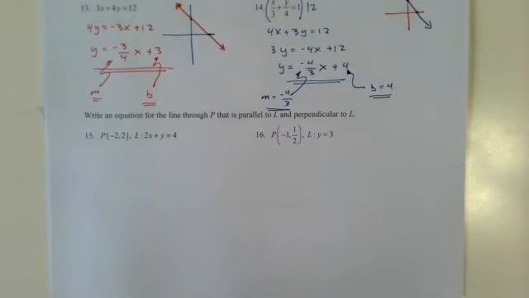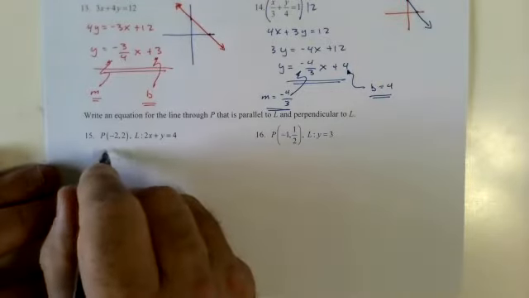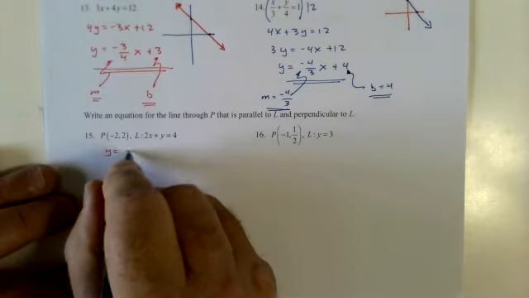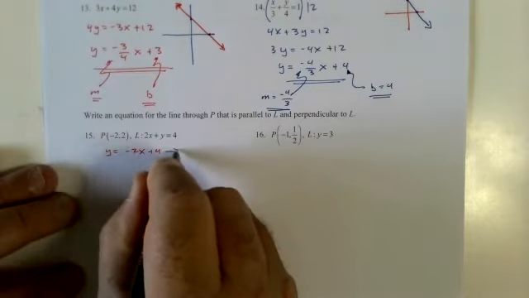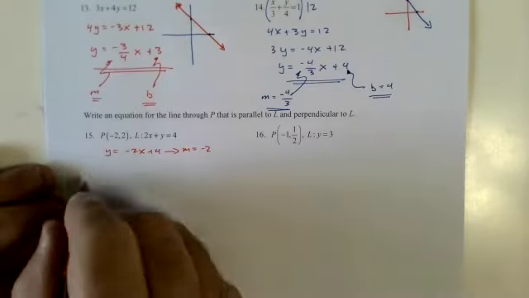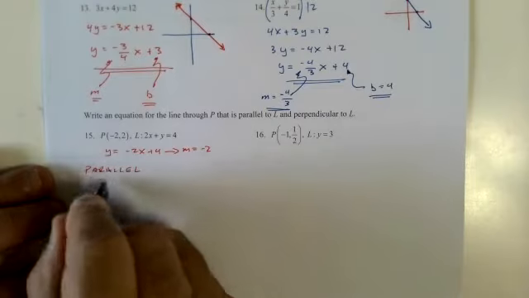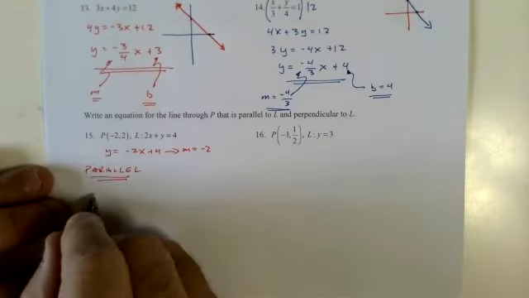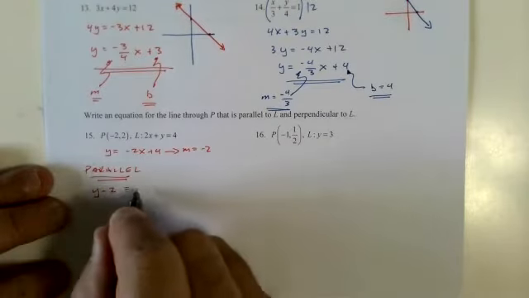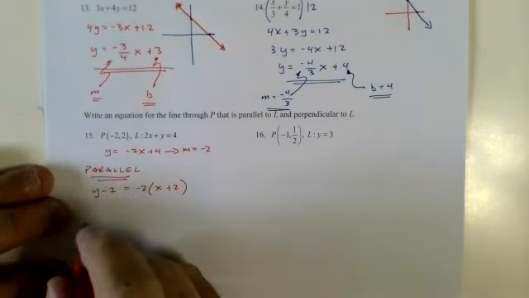So write an equation for the line through P. Parallel, first thing we got to do is go y equals -2x plus 4, so that we know the slope is -2. So for parallel, y minus 2 equals -2x plus 2. Notice I shortcutted it.